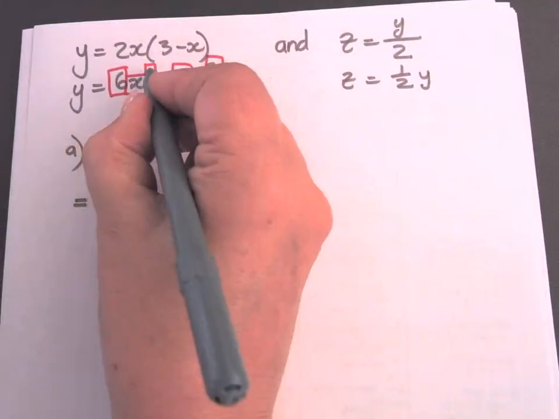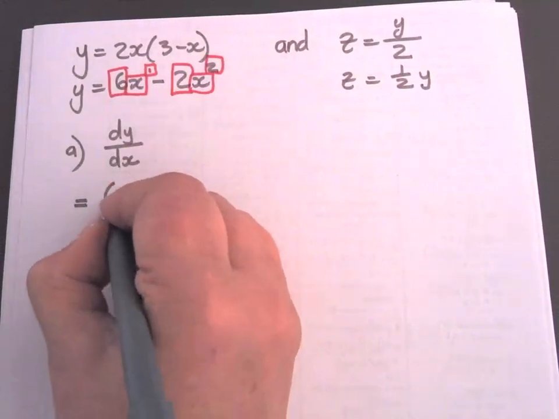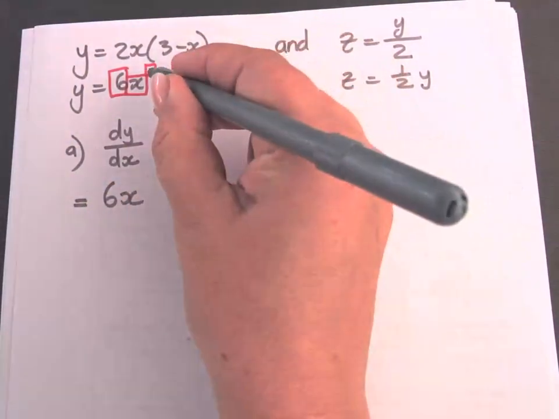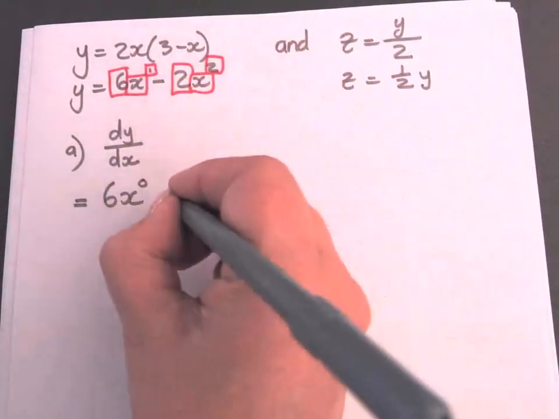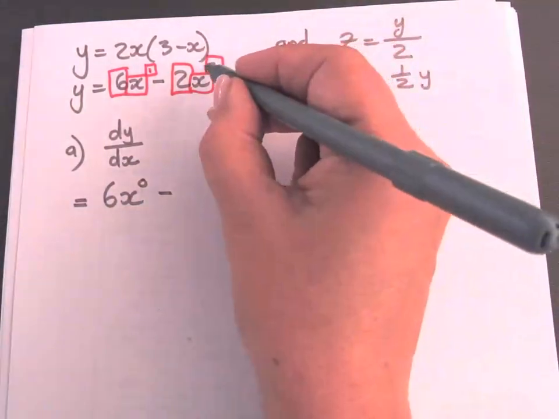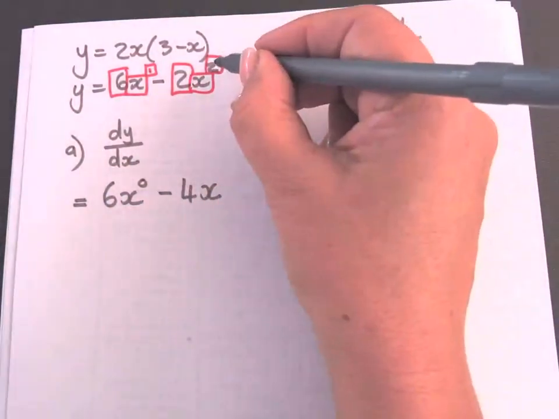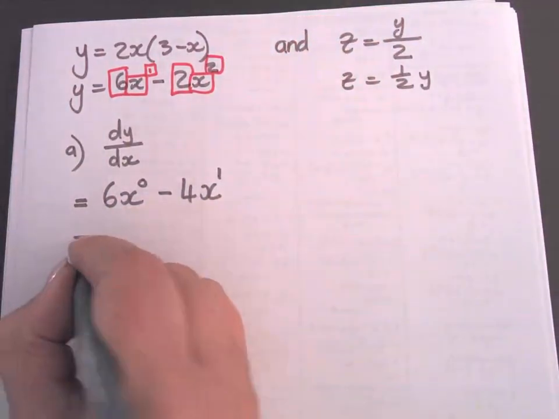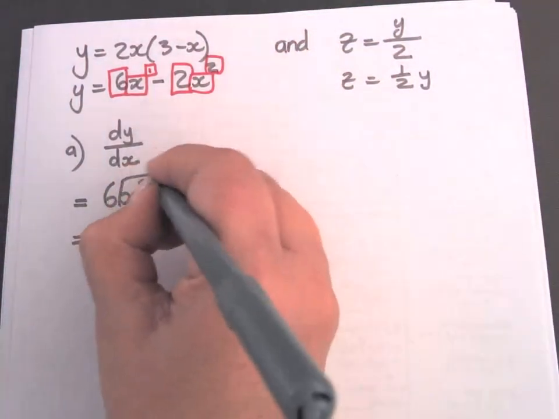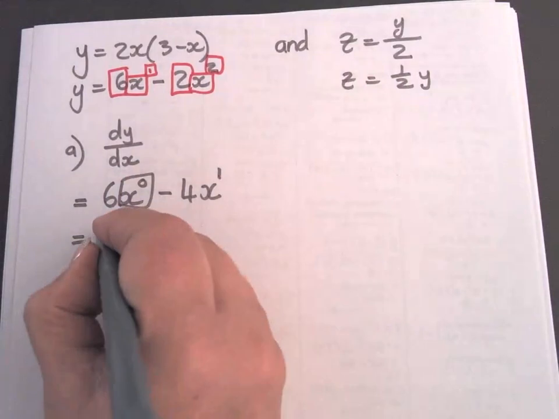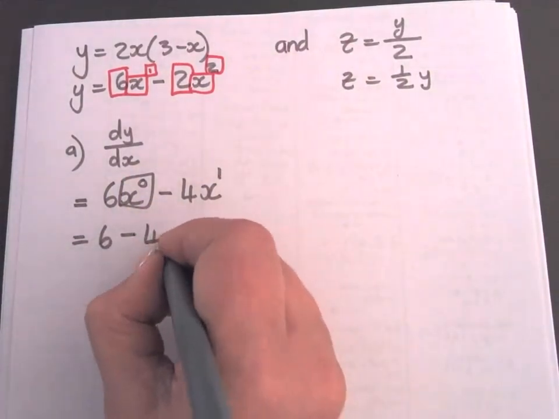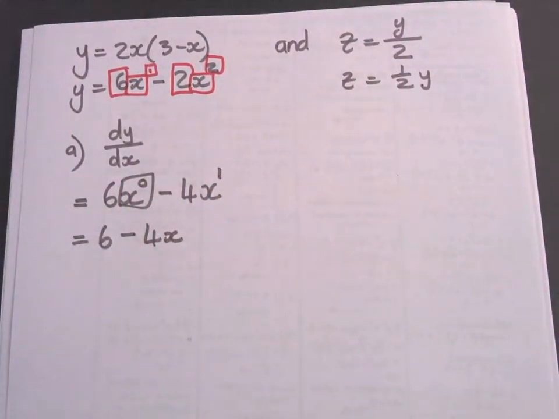That will be 6 times 1 is 6, x to the power of 1 minus 1 is 0. Minus 2 times 2 is 4x. 2 minus 1 is 1. Simplify that further. This is 1 times 6, 6 minus 4x.